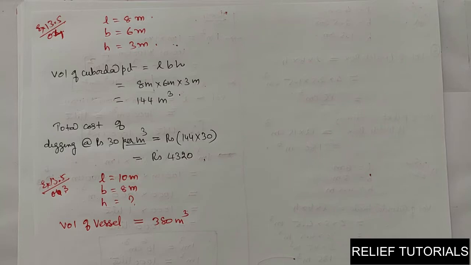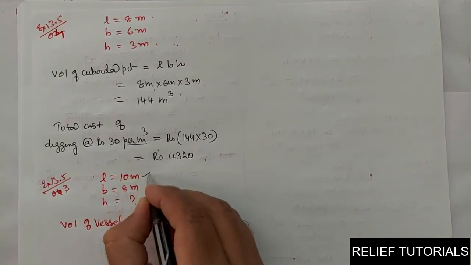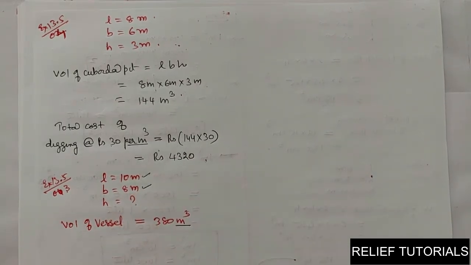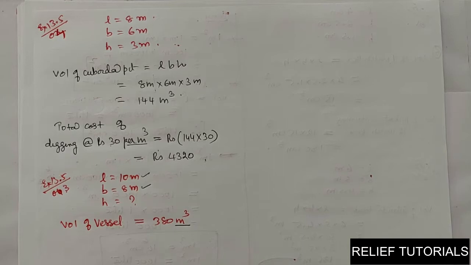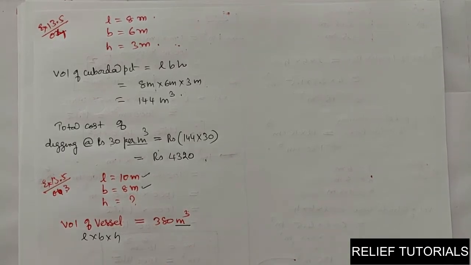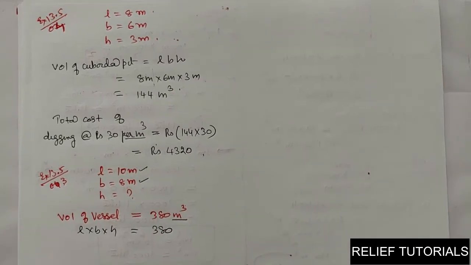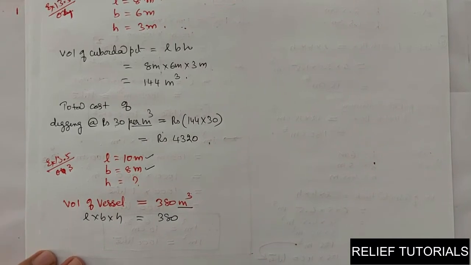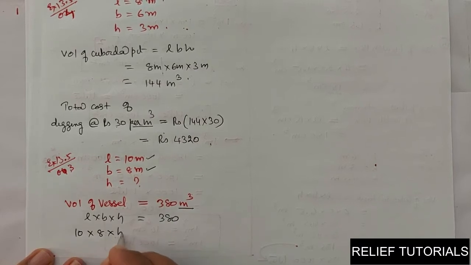So this is the data given. Volume is 380 meter cube. This is in meter, this is in meter, and here also in meter cube. You know the volume of a cuboidal vessel: L into B into H is equal to 380 meter cube. Clear? Now length is 10 meter, breadth is 8 meter, and height we have to find out.